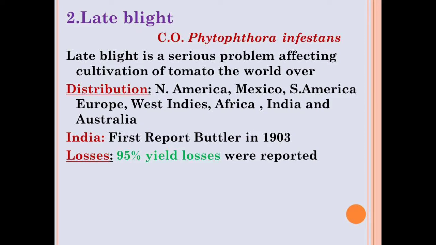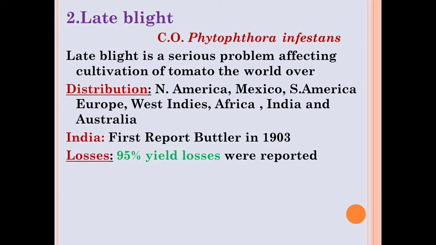At that time the potato was a staple food crop, and due to the attack of this late blight pathogen, the whole potato crop was destroyed, so that there was starvation of people in Europe. So this is a widely distributed disease.